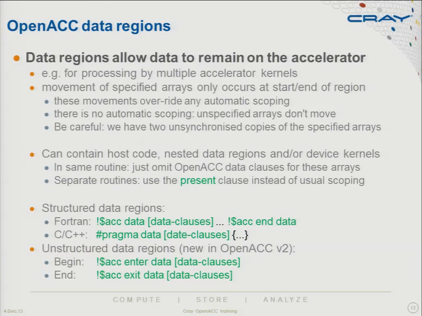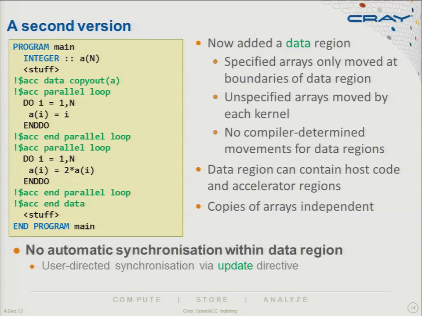And if you have a data region, the arrays or scalars that you specify will only move at the start or end of the data region and not on the kernels in between. So in our example here, what we would say is create a data region that starts here and ends here, and it's spanning two kernels.